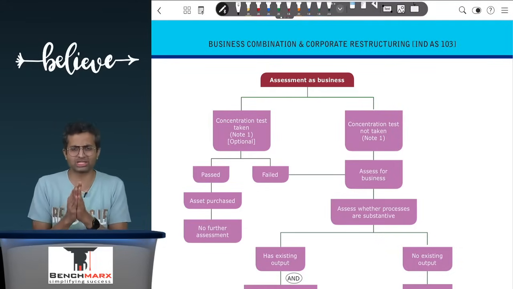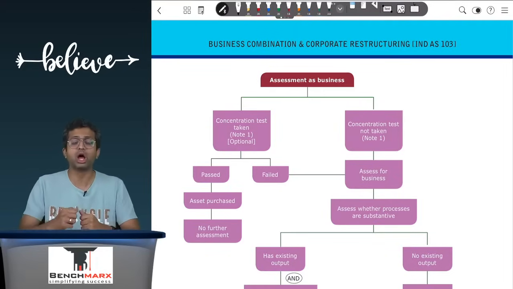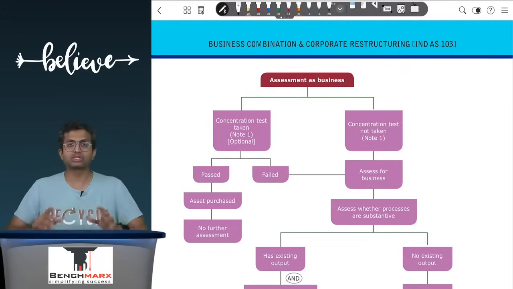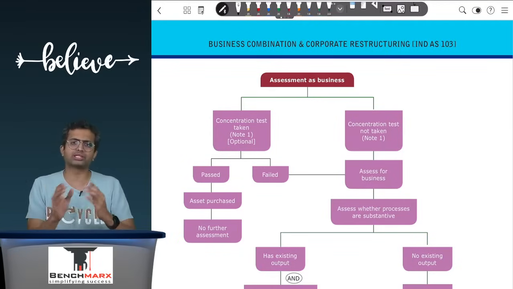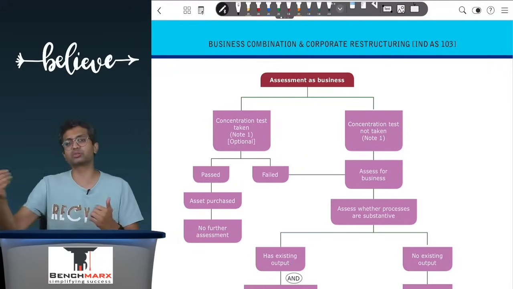So concentration test would mean that if you are doing a purchase where almost the entire value is concentrated, so substantially all of the value, that is more than 90%, is concentrated into a single asset or a group of similar asset, then you treat it as an asset purchase. Otherwise, you assess whether it is a business.